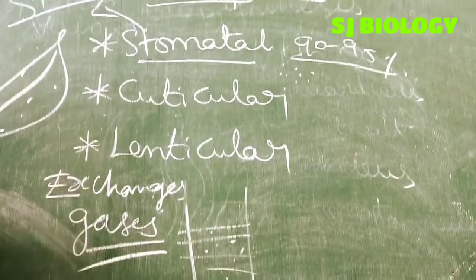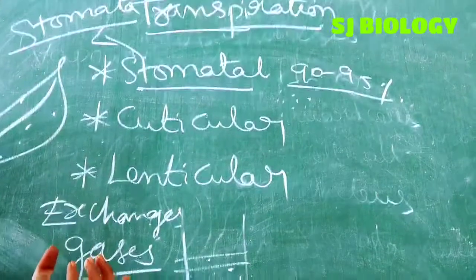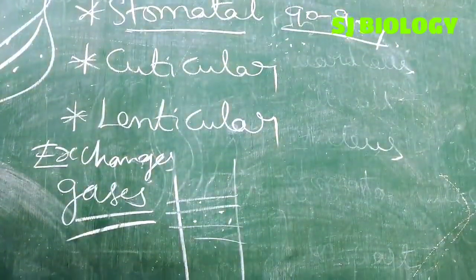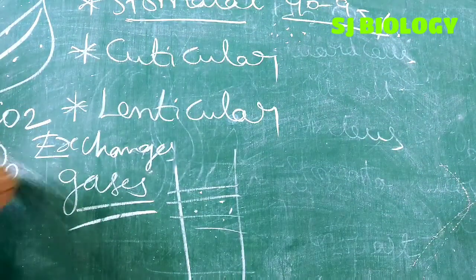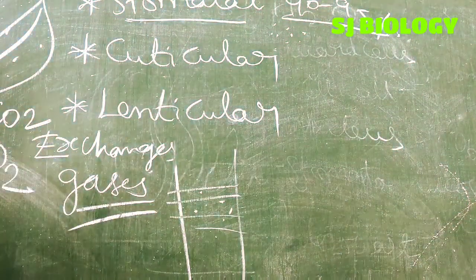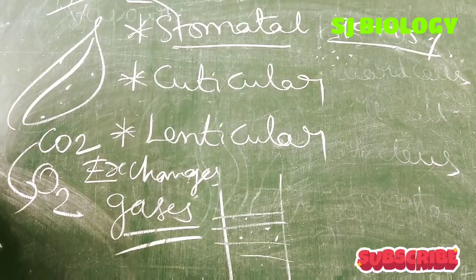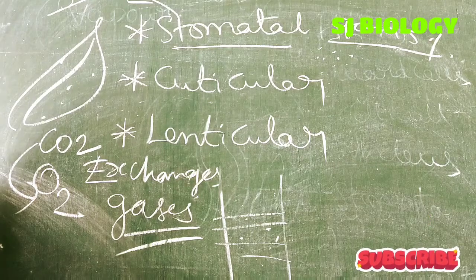So the gases exchanged here are carbon dioxide and oxygen. These two gases are exchanged continuously through these stomata.